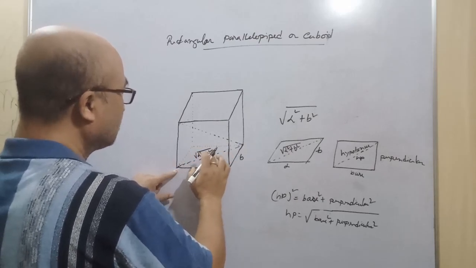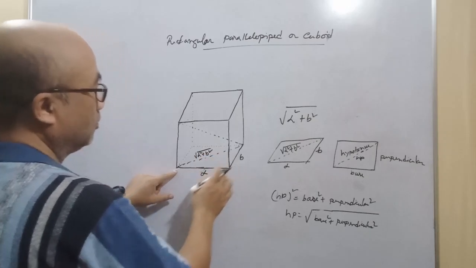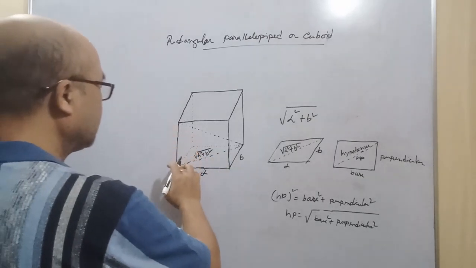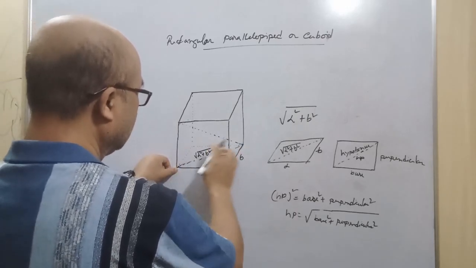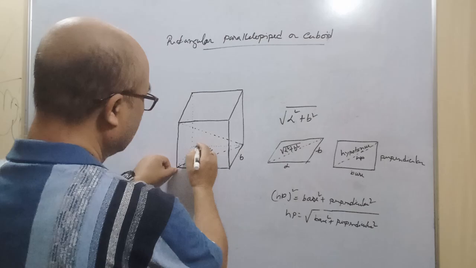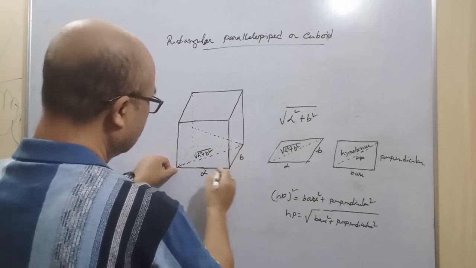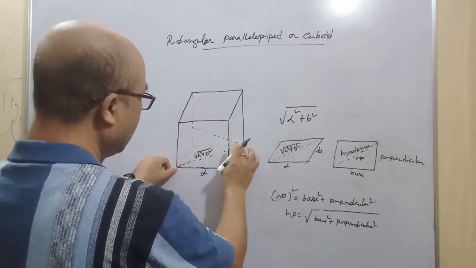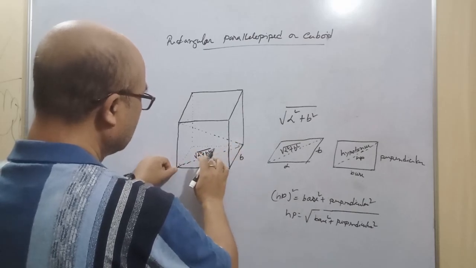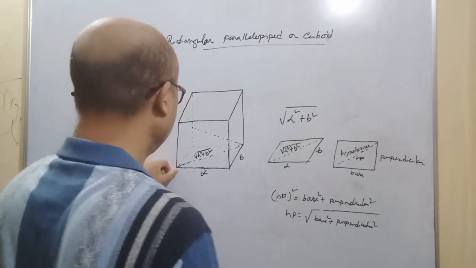So we got the measurement of this diagonal. This is the face diagonal of the face at the bottom, and we got the length of the diagonal, square root of L square plus B square.